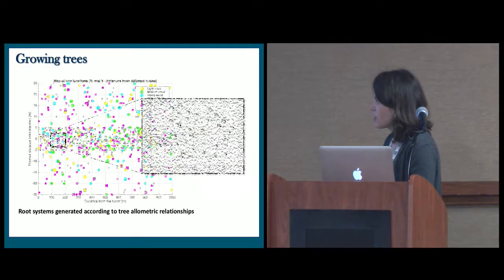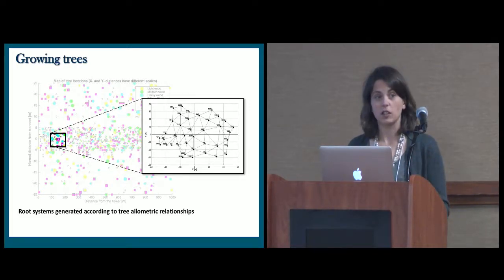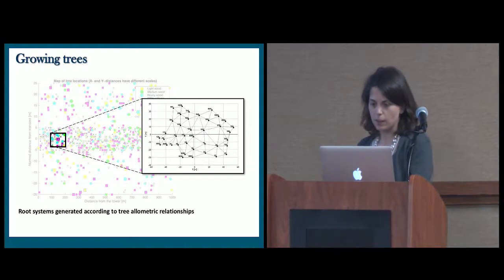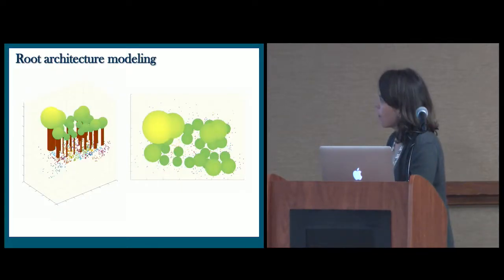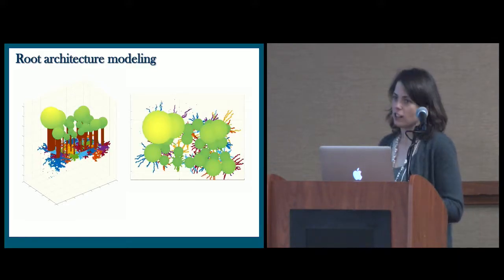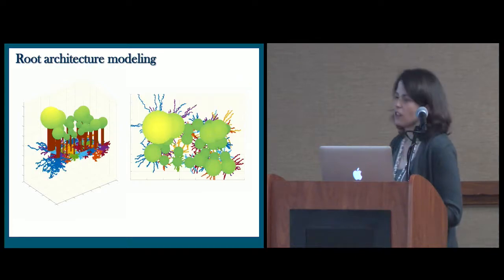So I'm going to look at just a small subset here to show you an example of what we're doing. A lot of this work is really still ongoing, but it's making good progress. So if we just take a look at some subset of these trees, we have them modeled in space here, but we have to grow root systems for each and every one. So as you can see here, you'll have root systems of different sizes.